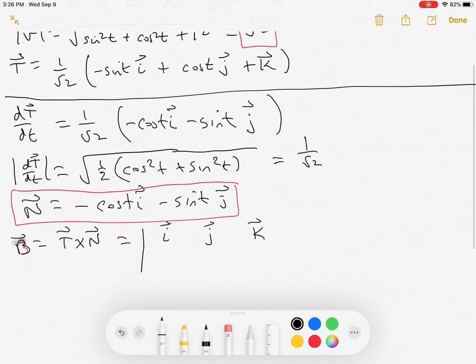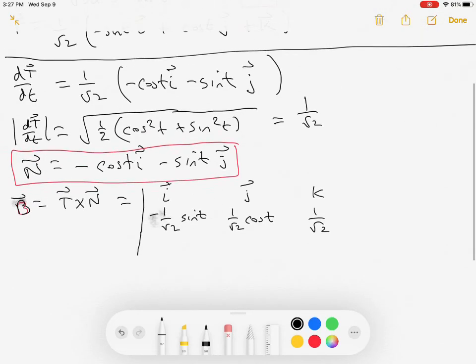T is minus 1 over root 2 sine t for i, 1 over root 2 cosine t for j, and 1 over root 2 for k.